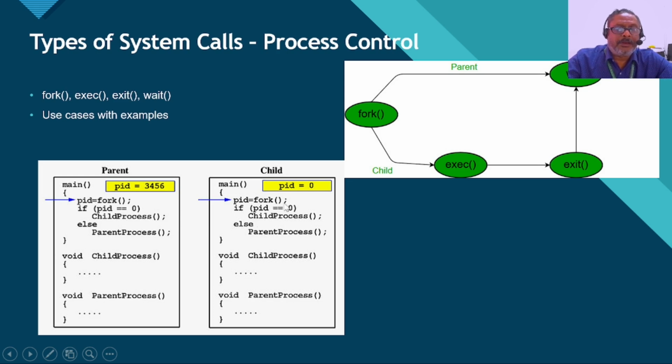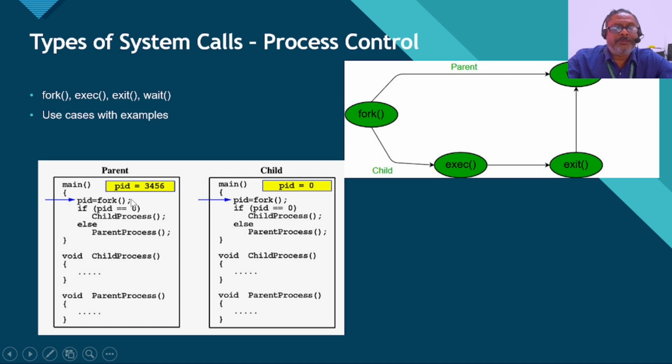The only difference is that in the parent process, the value of PID is the process ID of the child process, but the value of PID in the child process will remain 0. That means now the parent can identify who the child is, but the child cannot identify who created it. So the child's PID will remain 0, and the parent gets a PID which is the PID of the child itself.